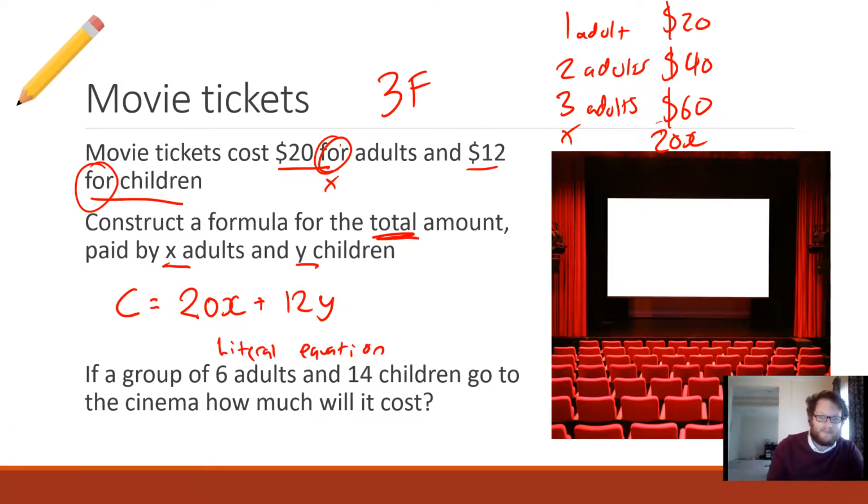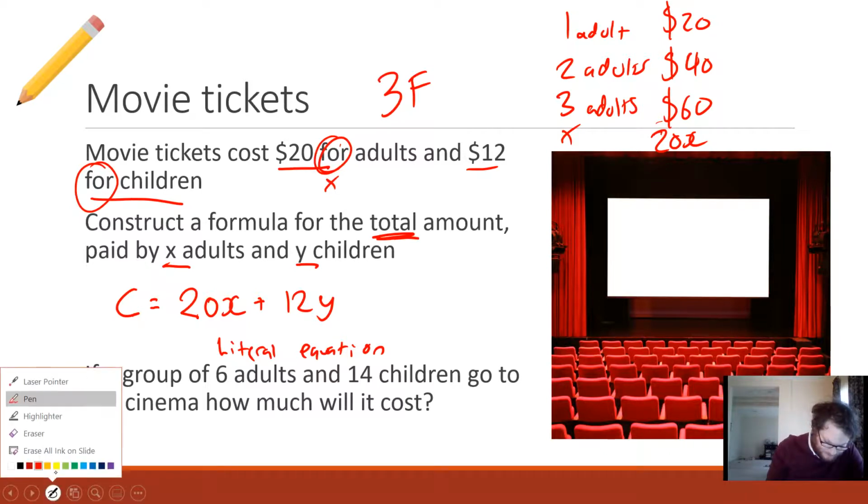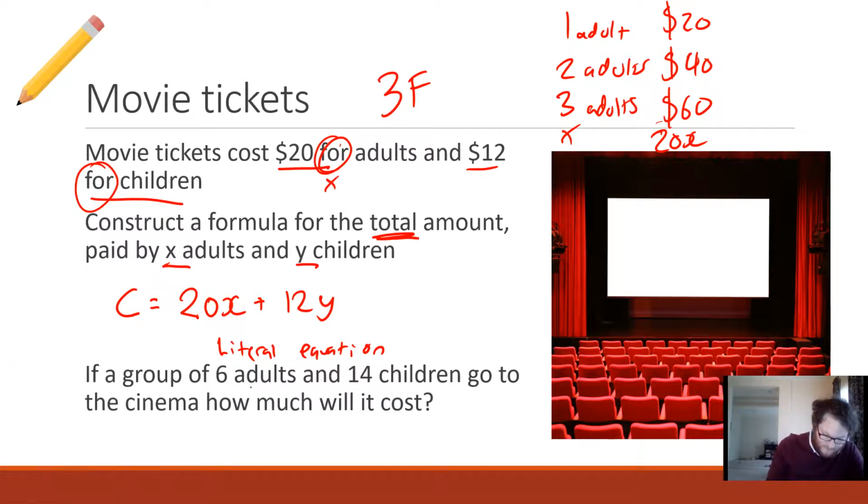Okay, now we could solve an equation like this. Let's look at this example down the bottom. If a group of 6 adults and 14 children go to the cinema, how much will it cost? Well, we can solve this pretty easily. What we're going to do is say let x equal 6 because we've got 6 adults. x is for adults, so let x equal 6.